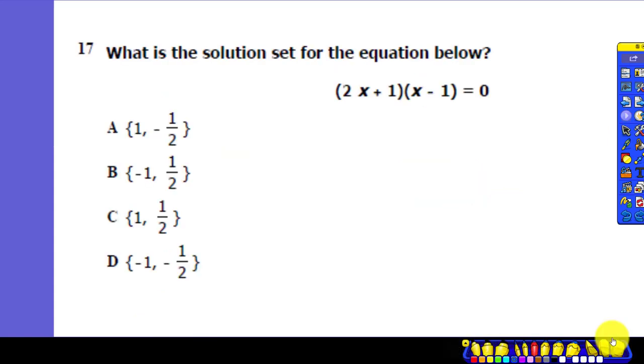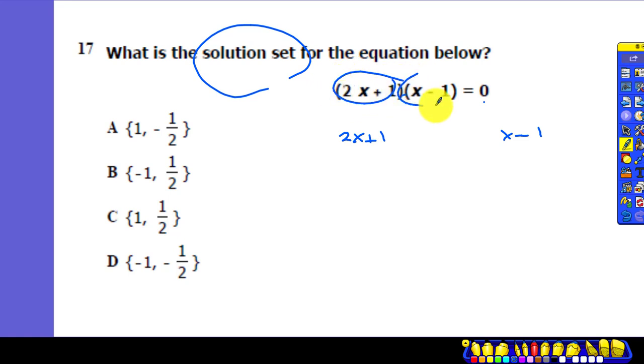Let's move on. So here, we're trying to get the solution set. I will get 2x plus 1 times x minus 1 equal to 0. The only way that the product will be 0 is if one of these will be 0.